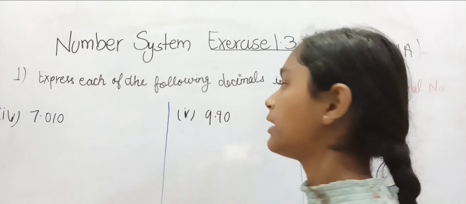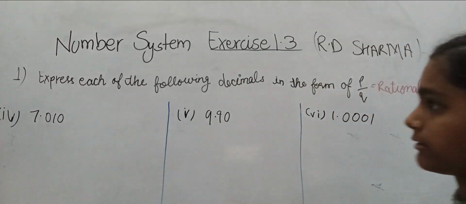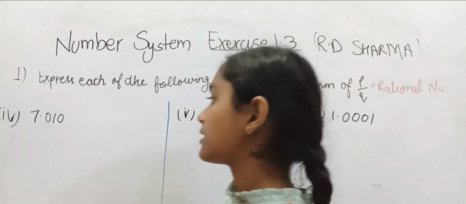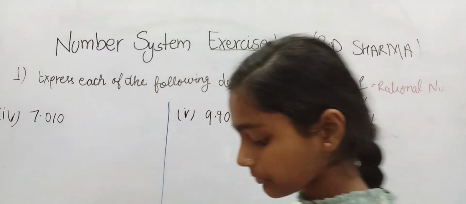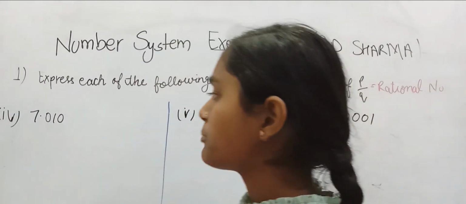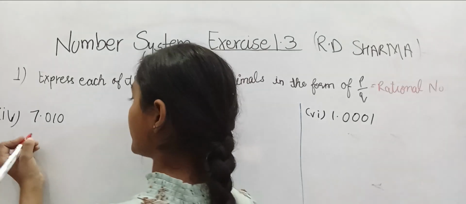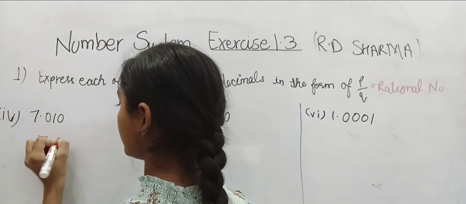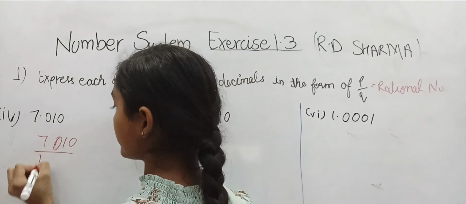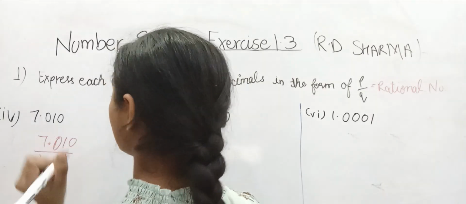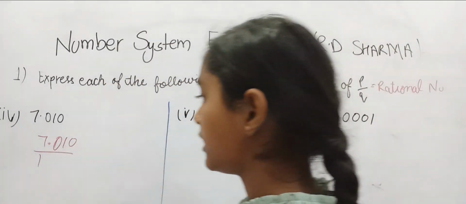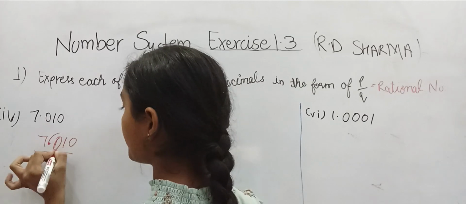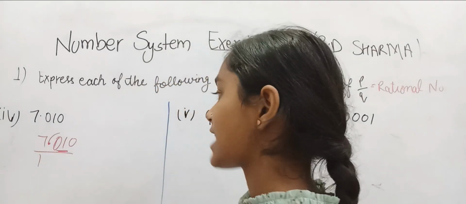Now here we have 3 more parts of the first question. Let's solve these questions, which is 7.010. So we would write it here as 7.010 upon 1. Now we need to remove the decimal here. How many digits are there after the point?